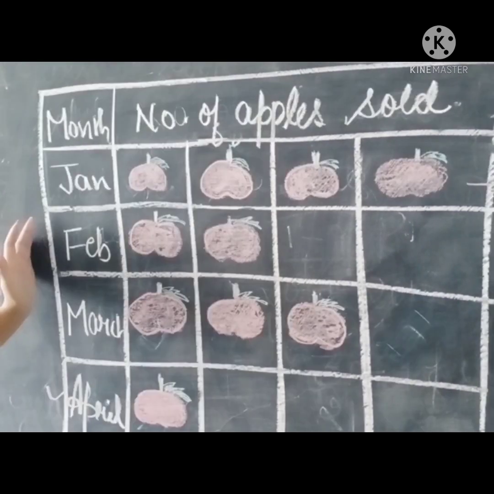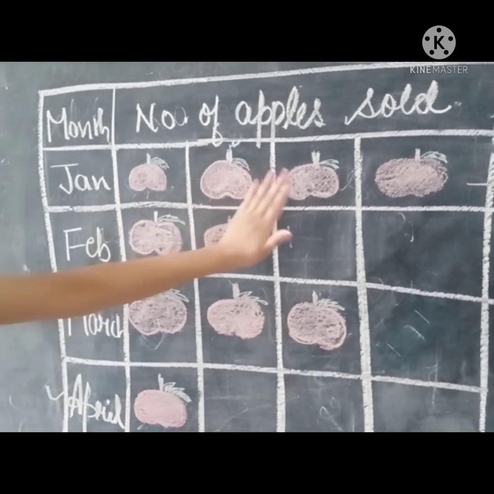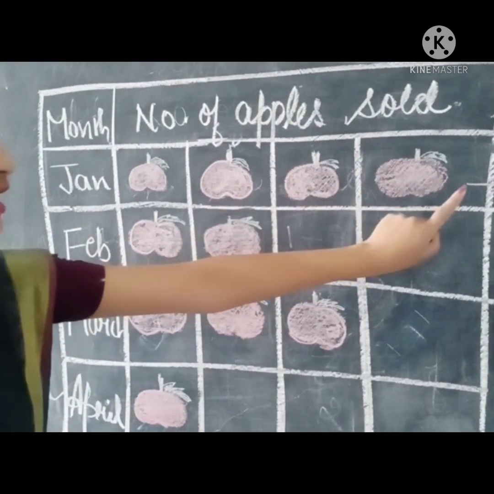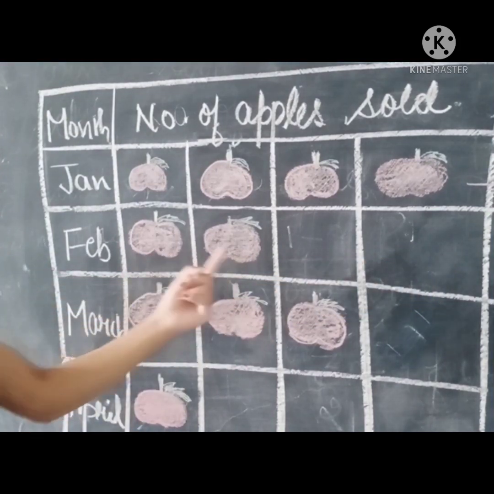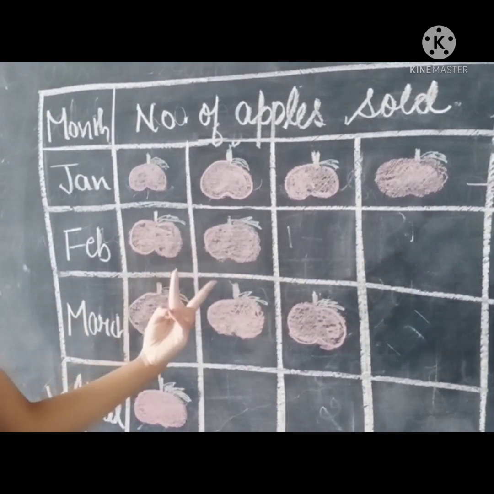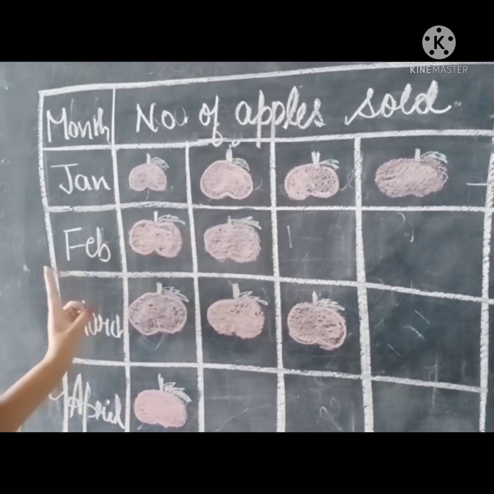Now let us have a look at our second example. These are the months and these are the number of apples sold in kg. If it is 1 and 2, it means 2 kg of apples are sold in the month of February.